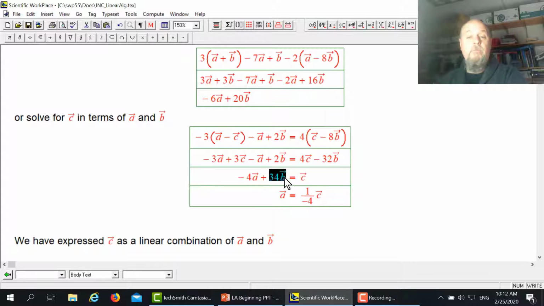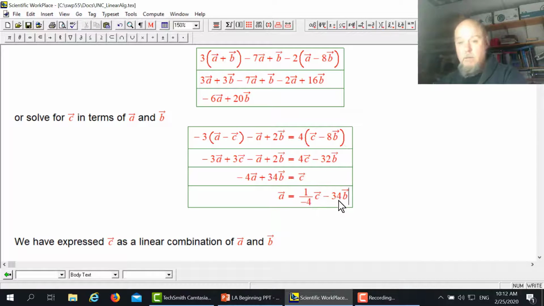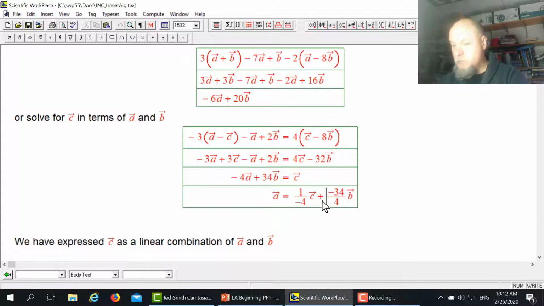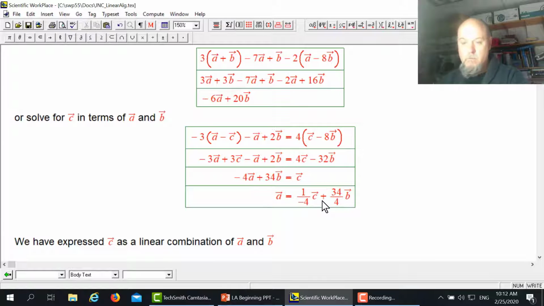If I move this 34b to the other side, that's going to be minus 34b, and then divide it by -4. Now I've written a as a linear combination of c and b, and likewise you could write b as a linear combination of a and c.